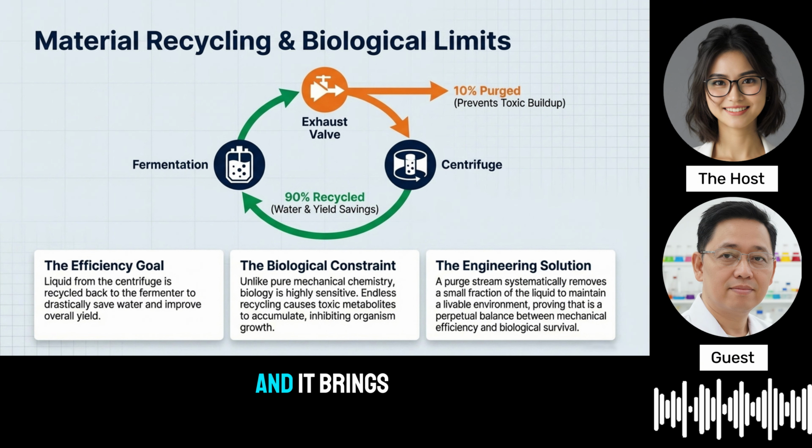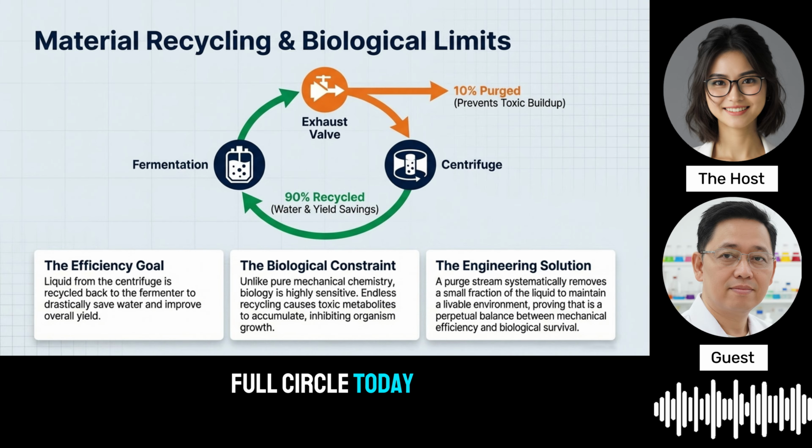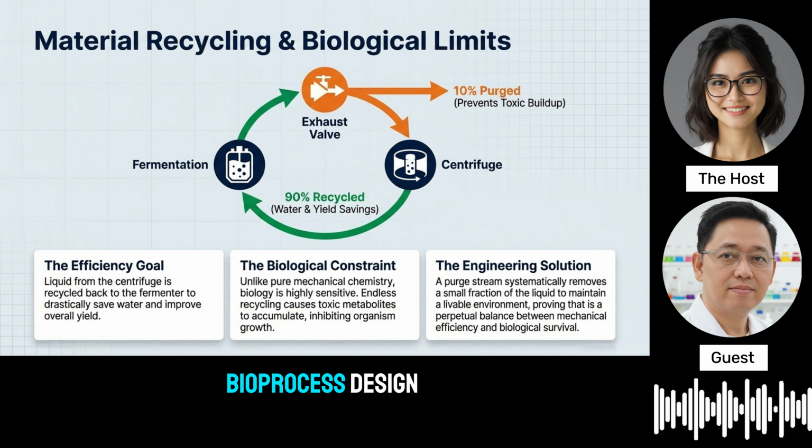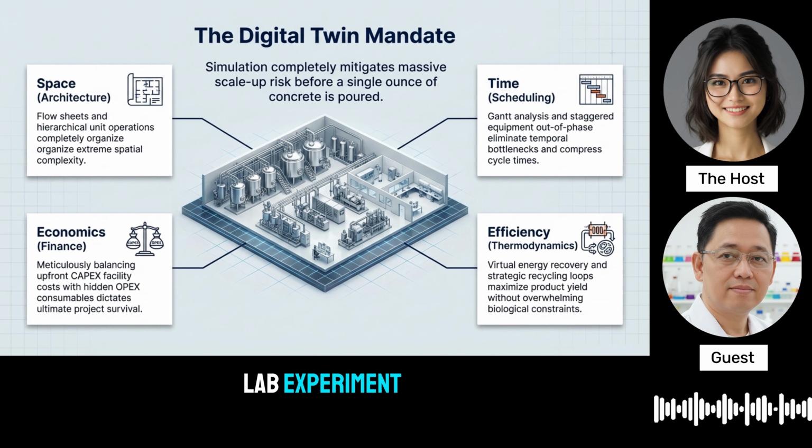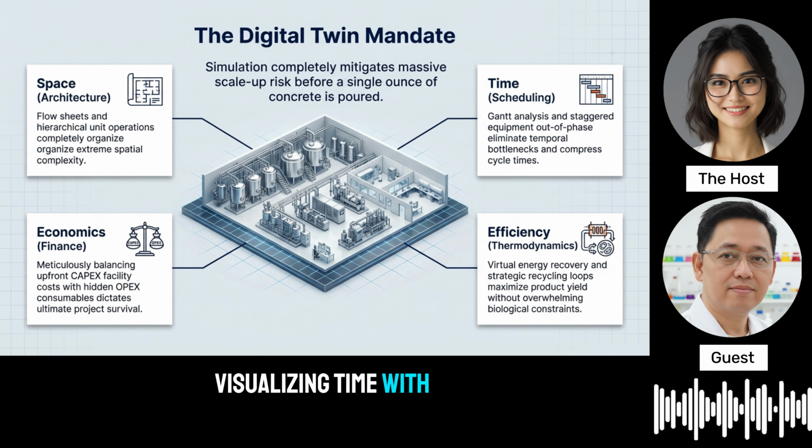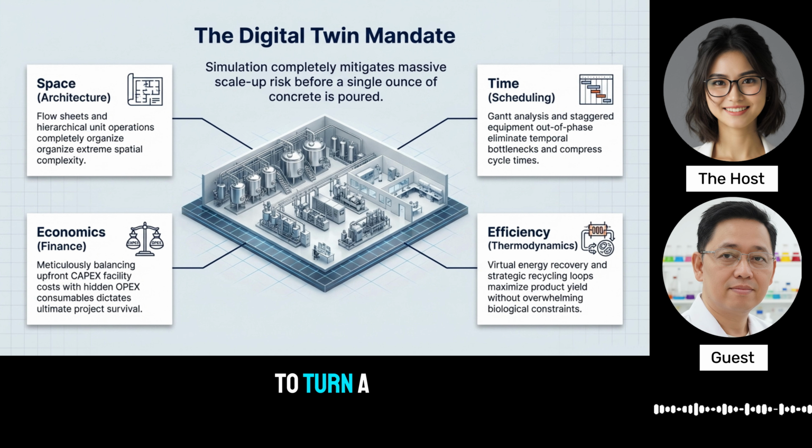It really is, and it brings our entire journey full circle today. Just to wrap up part 1 of this introductory class, we learned how bioprocess design and digital twins allow us to safely translate a lab experiment into a massive virtual factory. We explored the various bioproducts and how the 3-level architecture keeps engineers grounded. Right. We saw how visualizing time with Gantt charts lets us hunt down bottlenecks using staggered equipment to turn a sluggish batch process into a high-speed cycle.